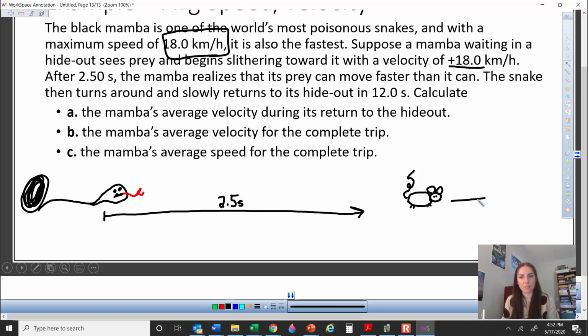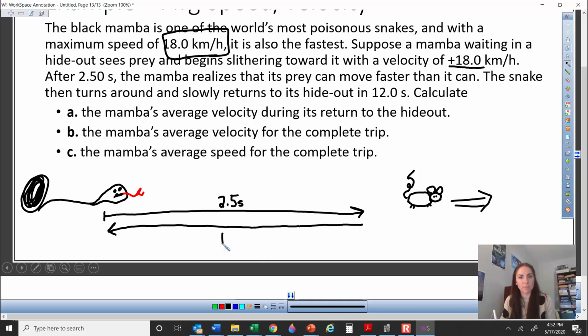And then this thing is just way too fast, so it goes back to its hideout. Now, first of all, we don't know how long this time was. It just says it was, oh, it does. It slowly returns back to its hideout in 12 seconds. Oh, good. So we have that time. Good news. So this takes 12 seconds.